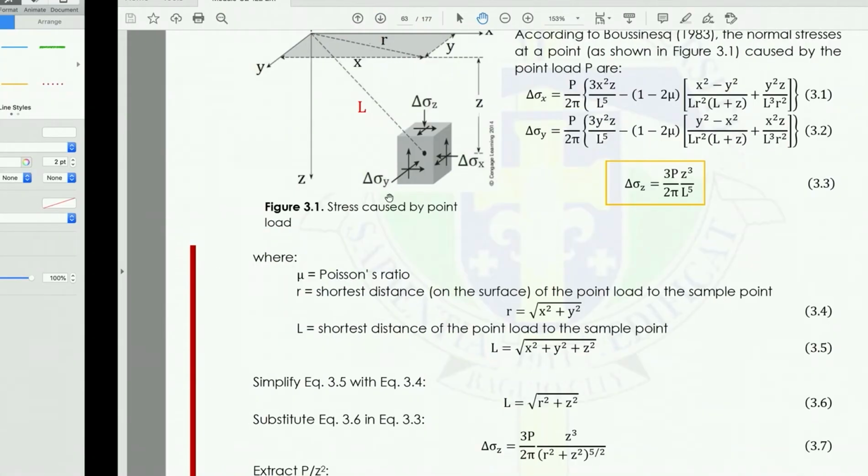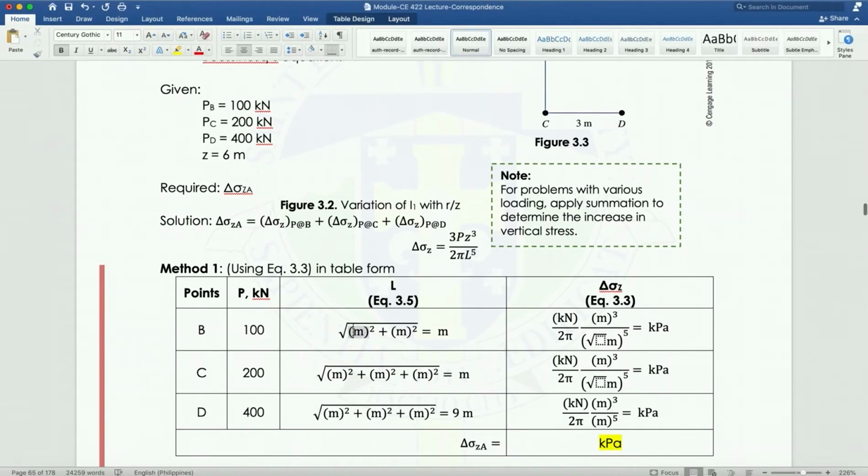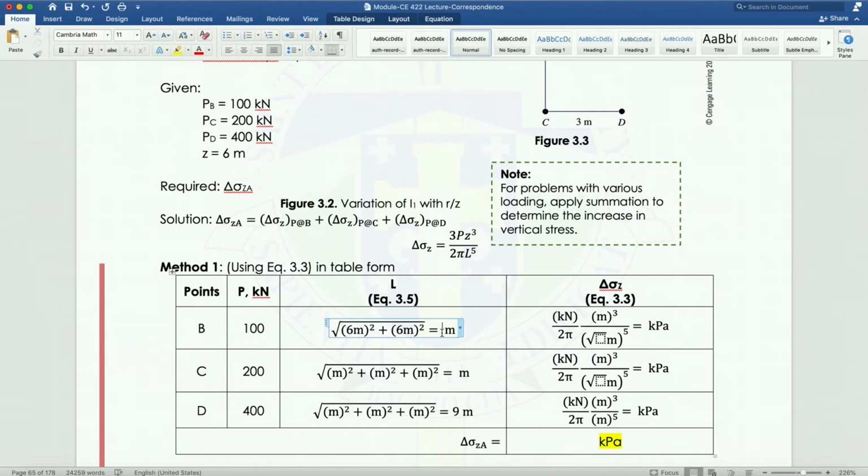Okay, so we have here 6 meters by 6 meters, which is equivalent to the square root of 6 squared plus 6 squared, that is equivalent to 6 times the square root of 2. Okay, so it is best if we have it in square root, so we can avoid discrepancy due to decimals.